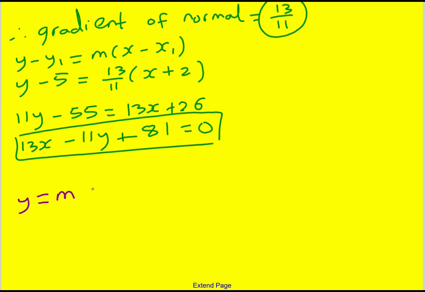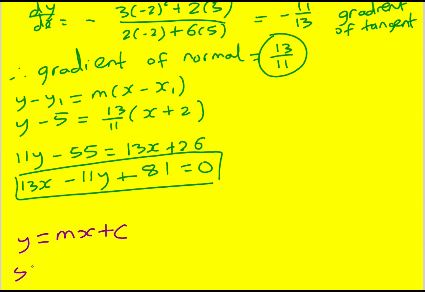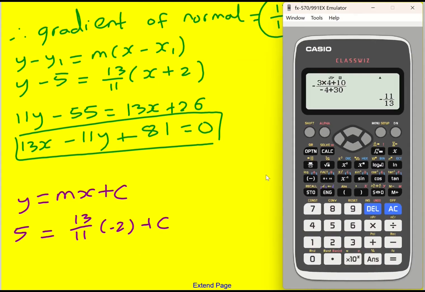If you really are a fan of just y equals mx plus c because you mastered that and you just never decided to move on to this one, or you haven't seen it potentially, okay, it's still going to check out. It's just we're going to now put in our, I think it was 5, and that's going to equal m, which is 13 over 11 times minus 2 plus c. Of course, it helps that we've got a calculator. If you didn't, then it's much more fiddly.